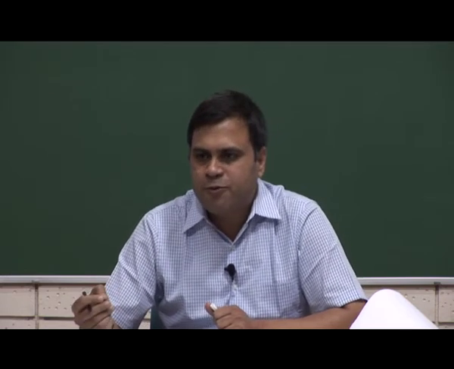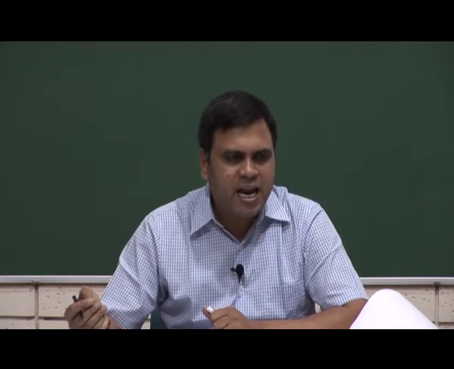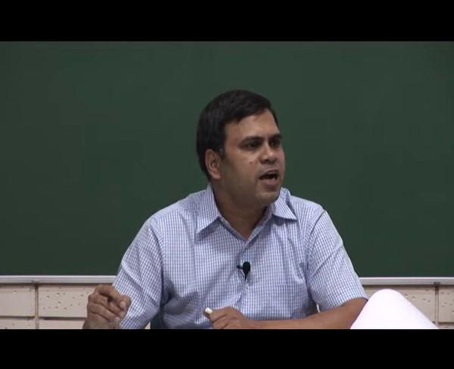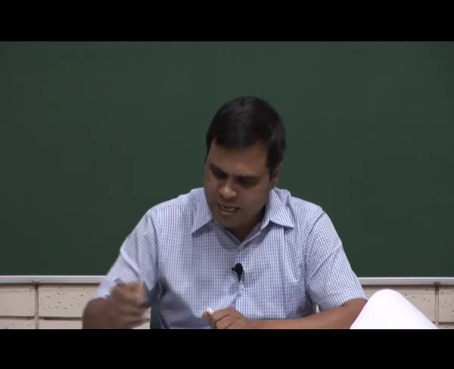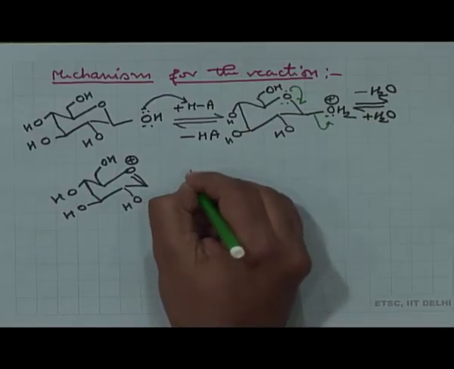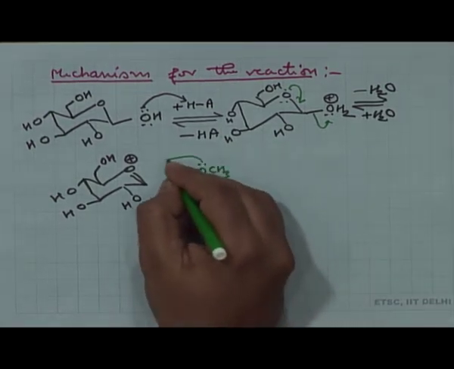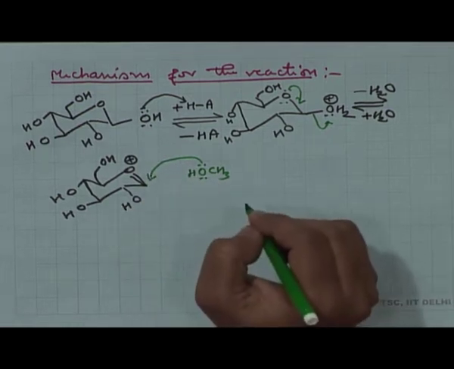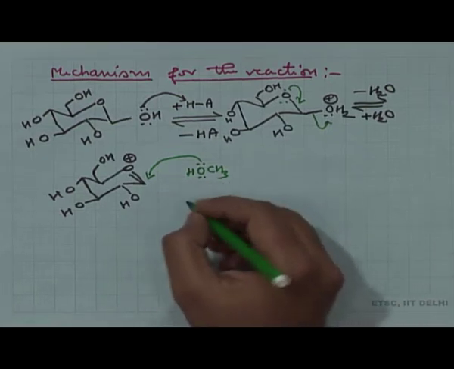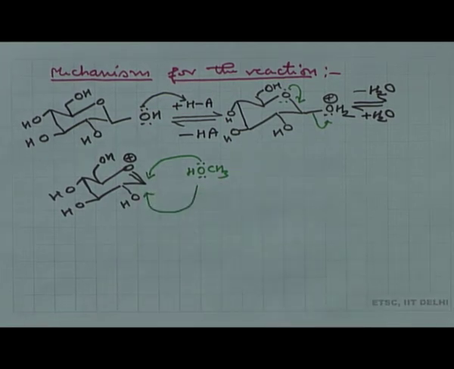If attack takes place from the beta face, then it will give beta D glucopyranoside, and if attack takes place from the alpha face, then it will give methyl alpha D glucopyranoside. So, let us attack with the alcohol molecule. Again I will use a color code to make it very clear. If attack takes place from the top face, and if attack takes place from the bottom face.